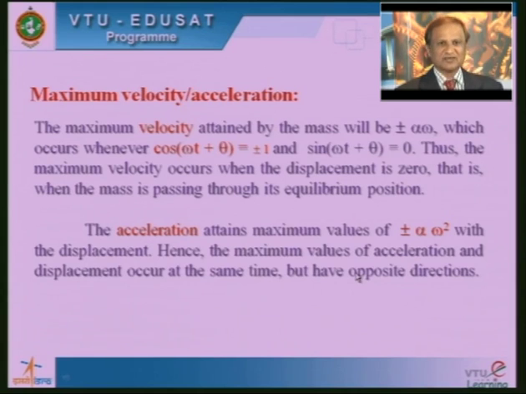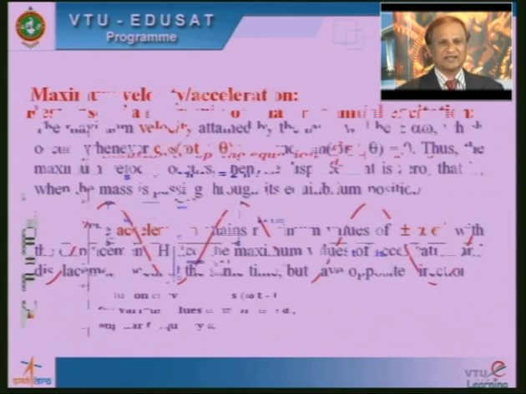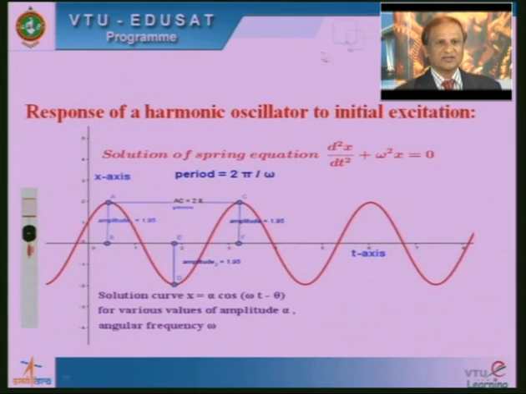Yesterday I showed this along with the diagram. So, this is the response of a harmonic oscillator to initial excitation. Here the spring is moving in the downward direction as well as the upward direction. So, friends, the solution curve is x is equal to a into cos of omega t minus theta.